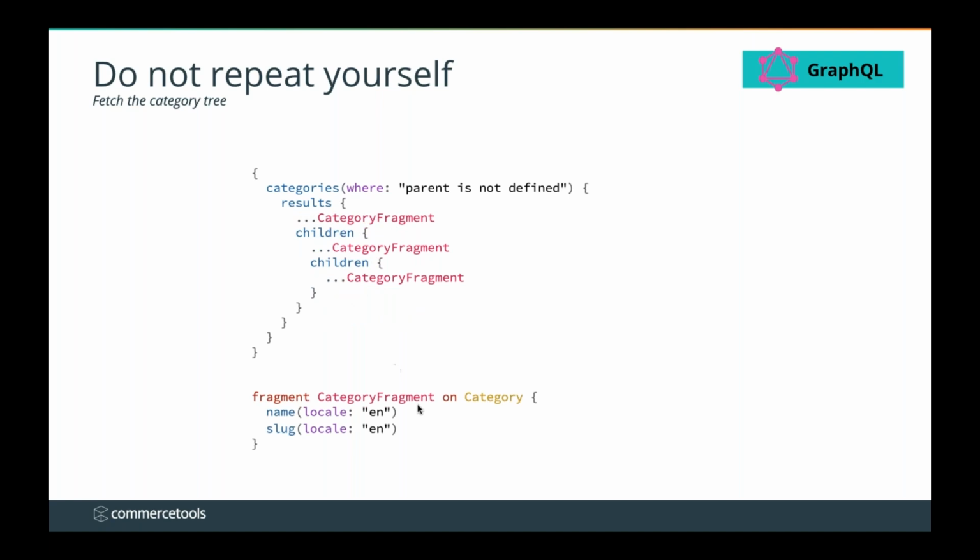With fragments, you say to which type you want to apply the fragment, to create a fragment, and then you say the elements you want to obtain from this type. When you want to use it, you just use the spread operator, the name of the fragment that you want to call, and that's it. Everywhere you're calling it, it will be using the fields that you defined in the fragment.